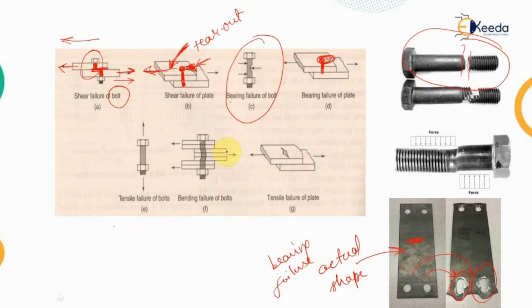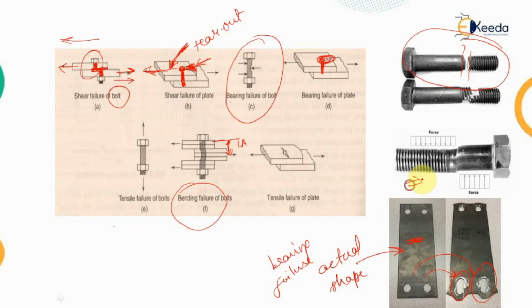Now the next type of failure of the bolt may be because of the couple which is generated here, and because of the eccentricity between these two forces, that is known as the lever arm, there will be a moment generated, and because of that there will be a bending failure of the bolt.